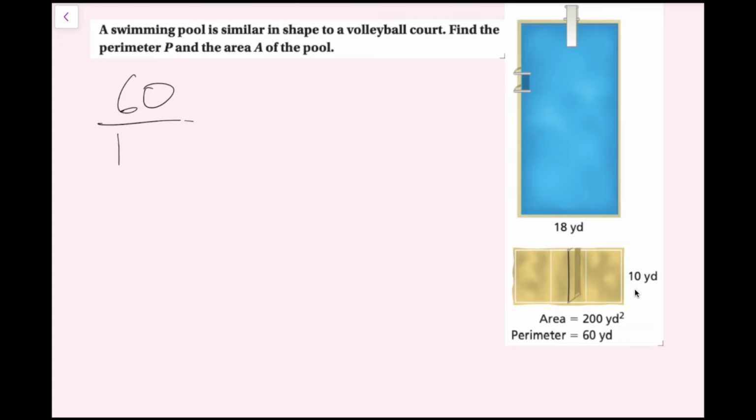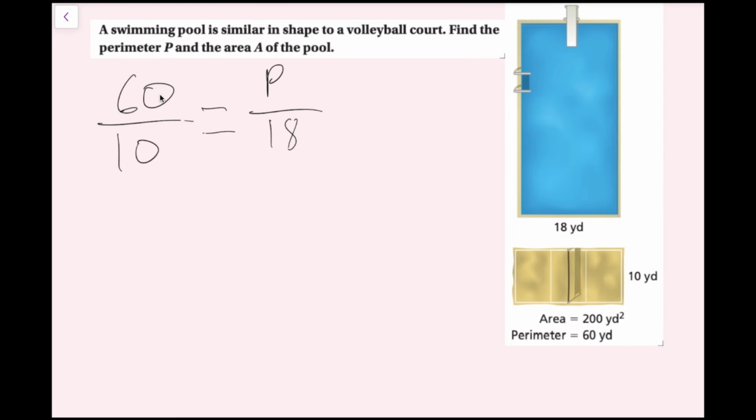This is going to be equal to the perimeter of the entire pool, which is P, over the corresponding side length, which is given to us. That's 18 yards. So 18. And now all I have to do is solve this proportion to find the perimeter of the pool.